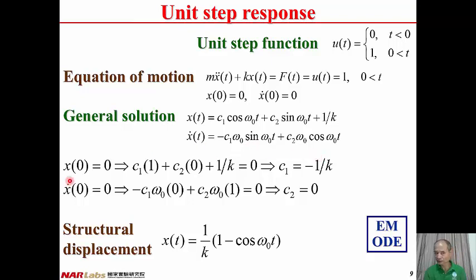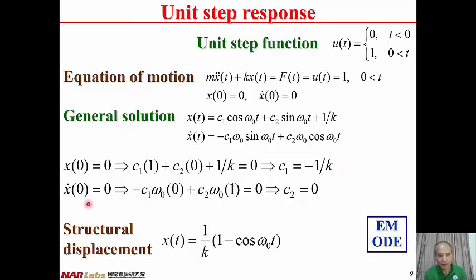From the initial displacement, x of 0 equal to 0: c1 times cosine 0 equal to 1, plus c2 times sine 0 equal to 0, plus 1 divided by k equal to 0. Then from this equation, we can solve for c1 equal to minus 1 divided by k.